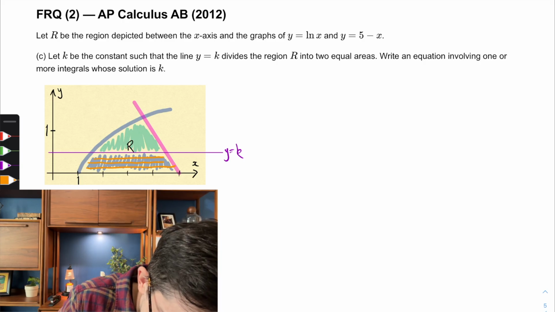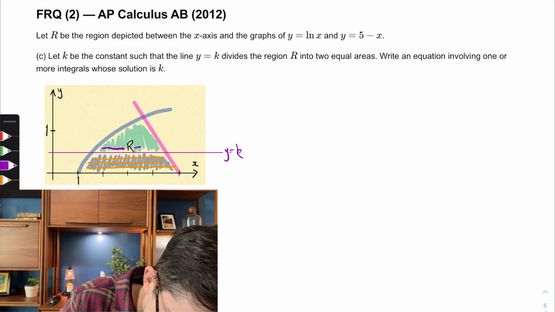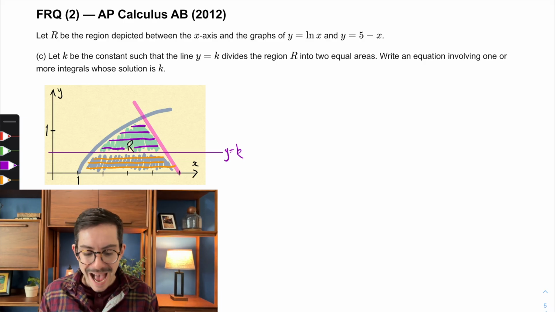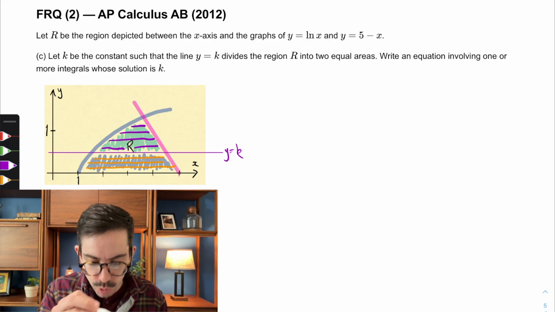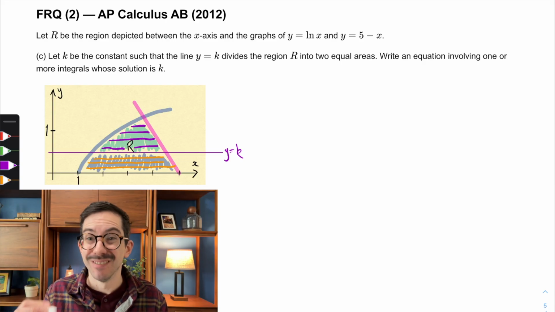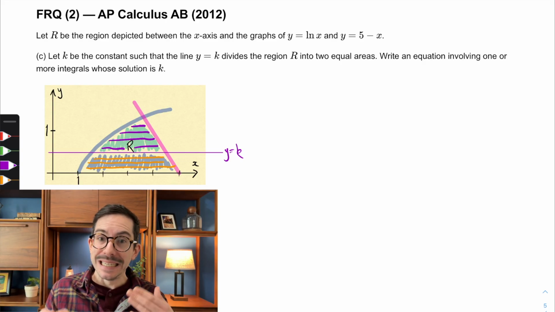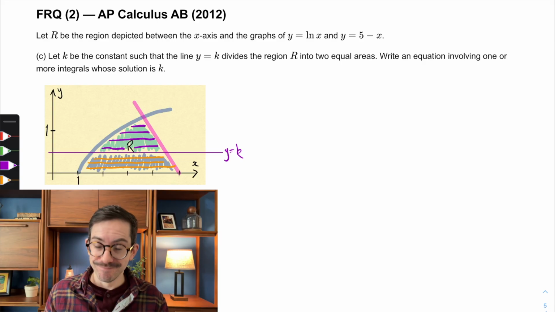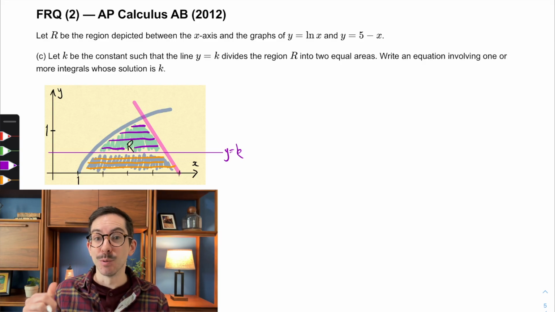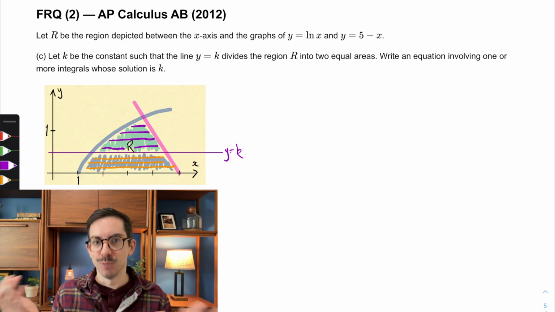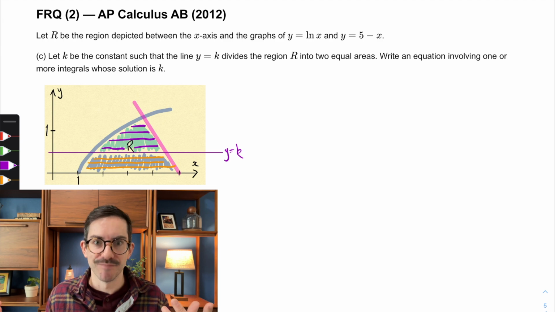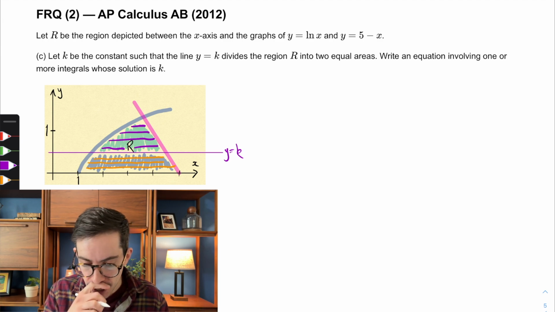And similarly up here, to calculate this area, I can use horizontal skinny rectangles there. I'm really wanting to think about integrals with respect to y. Think back to part A when I said we were going to have to think about this region R with respect to dy later. Well, we're here. This is now later.